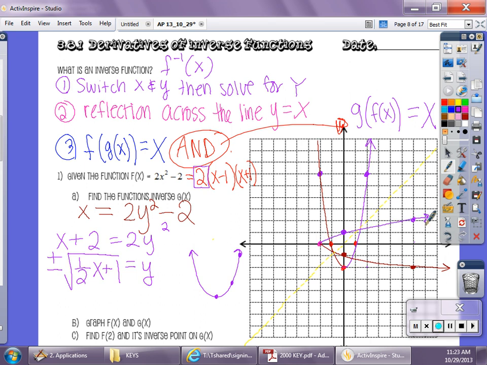All right, so why did I do the 2 colors? It's because the original function is not 1-to-1. What does that mean? It passes the horizontal line test, but it does not pass the vertical line test. Okay? Right?